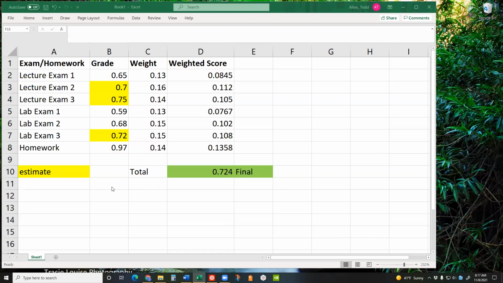Any other questions about how I'm going to calculate your grades at the end of the semester? If you're not able to repeat this for yourself with your own scores, I would be more than willing to help you with this during office hours, to let you know where you stand and help you make that decision for yourself.